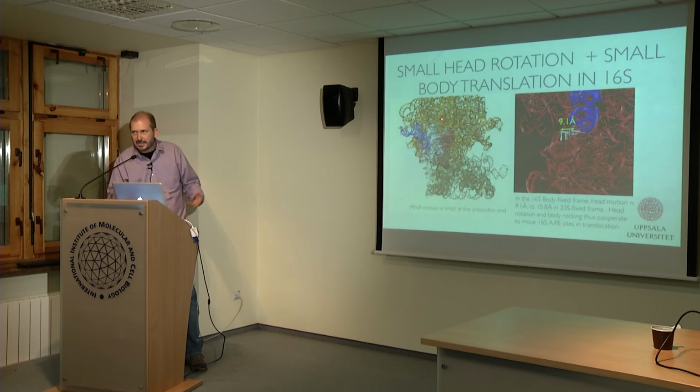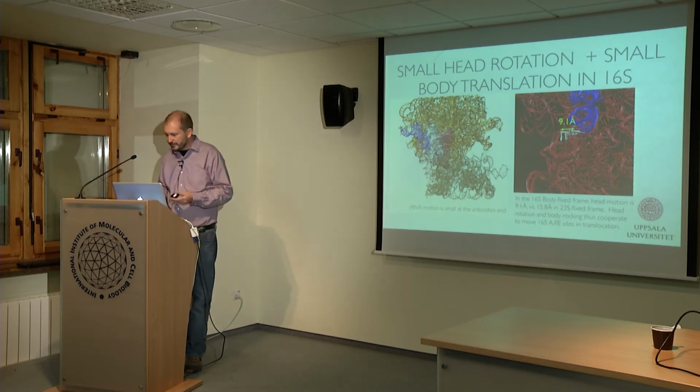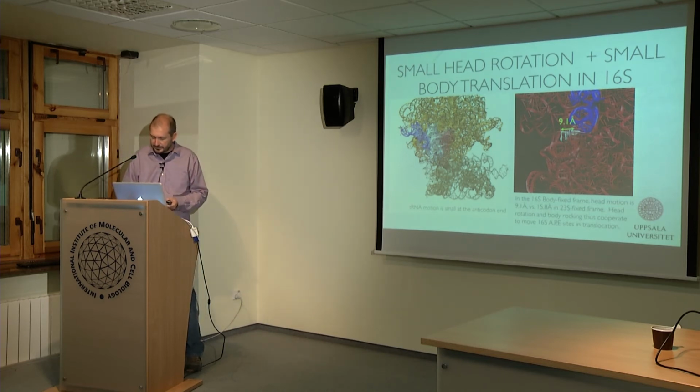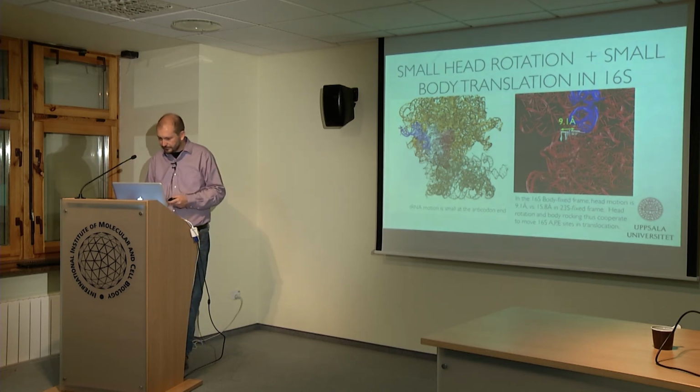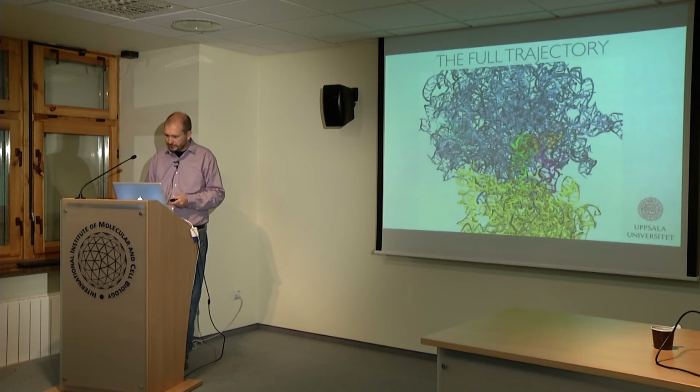This is basically a time lapse of the whole process of translocation. You can see that there's a lot of motion of the tRNA, but the anticodon stem is actually not moving all that much in net. A lot of the motion is the 16S moving out underneath the tRNA and letting the tRNA settle back into its new location without moving so much from its original position.